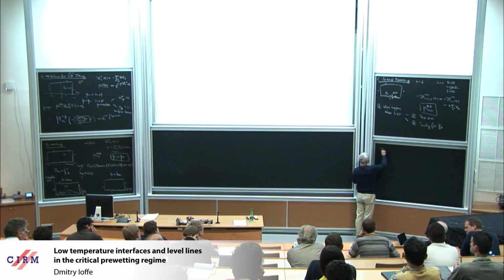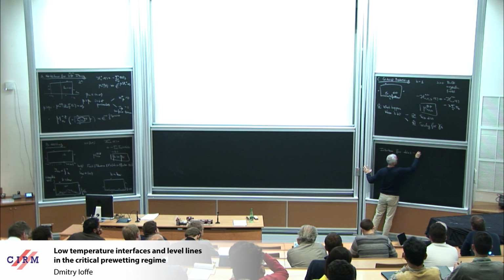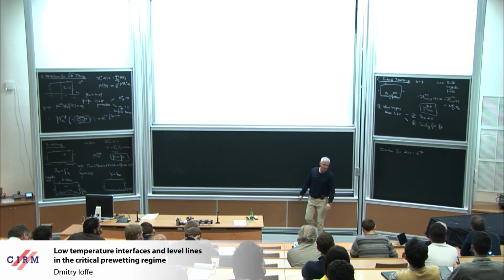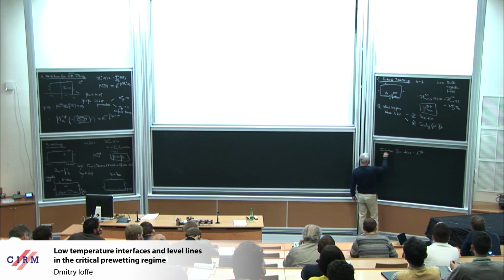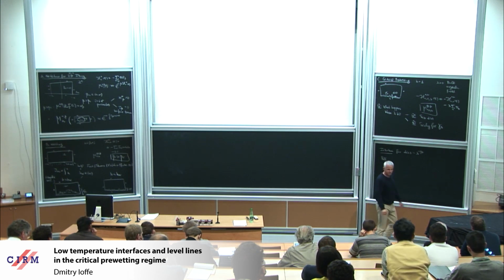So, intuition for d lambda, or for lambda to the minus 1/3. The intuition here is random walk. Instead of the Ising interface, think about a random walk.